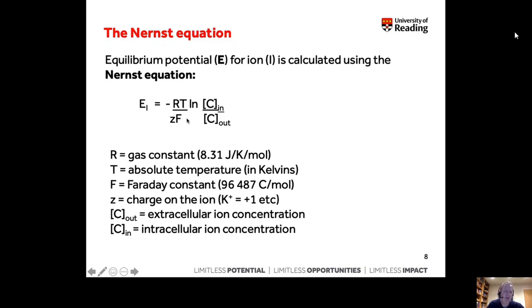Essentially, R is the gas constant, T is the absolute temperature in Kelvin, F is another constant, the Faraday constant, and Z is the charge on the ion.